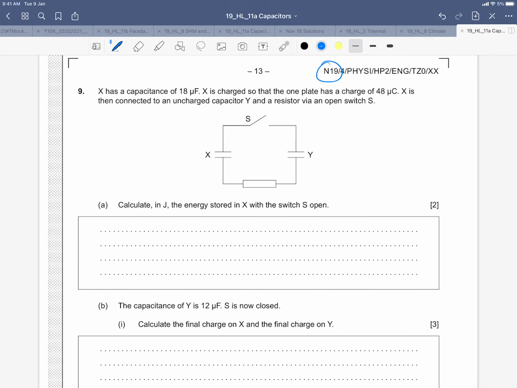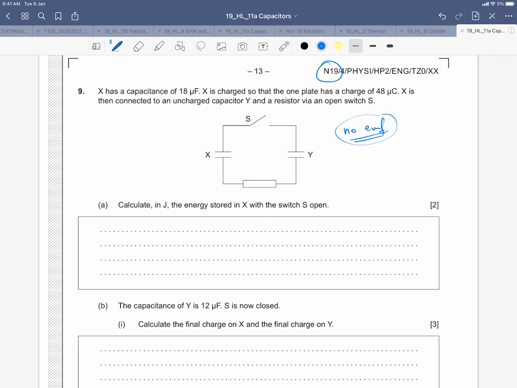Then we come to November 19, and we have this question, which was a little bit tricky, especially the question B. So we have 2 capacitors shown like this, not connected to an EMF. So there's no EMF in the circuit.